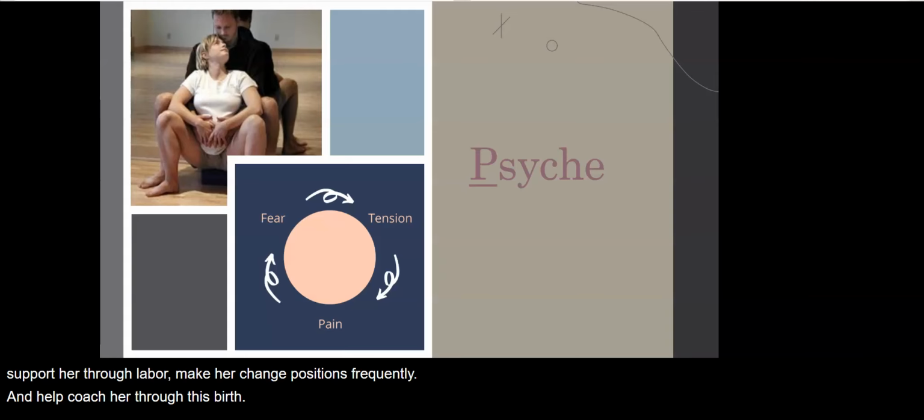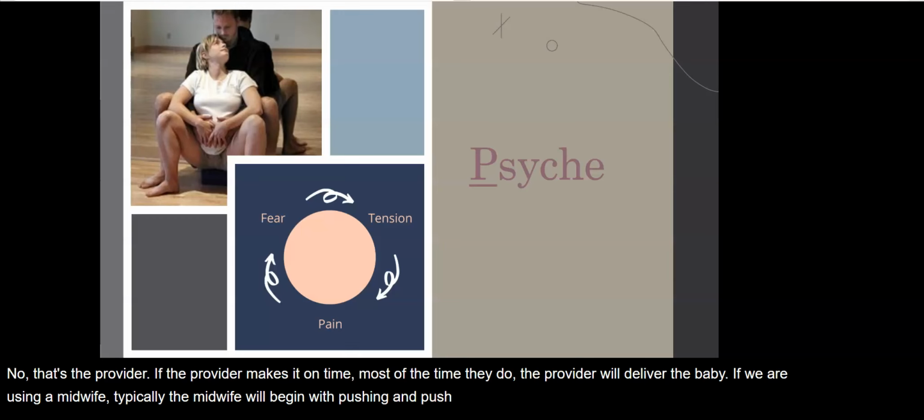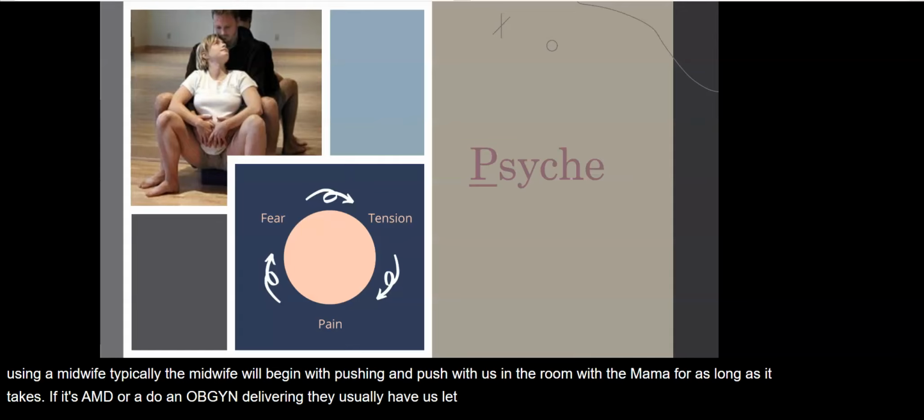If the provider makes it on time, most of the time they do, the provider will deliver the baby. If we are using a midwife, typically the midwife will begin with pushing and push with us in the room with the mama for as long as it takes. If it's an MD or a DO, an OBGYN delivering, they usually have us let them know when we start pushing.